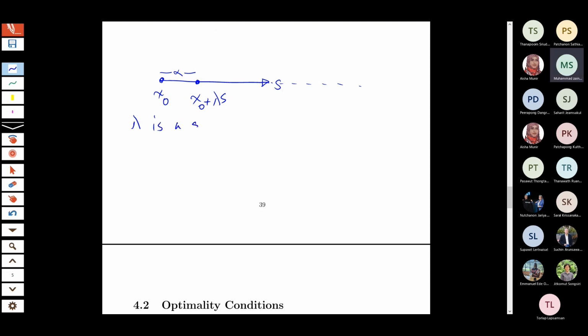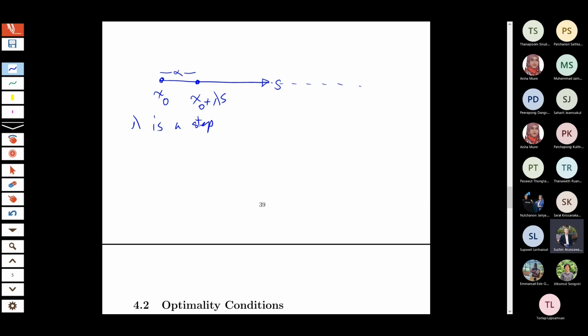Professor, then it should not be x naught plus alpha s. Sorry, It shouldn't be like x naught plus alpha s. x naught plus alpha s. This is correct. Yes, yes, that's right. That's right. Yes.